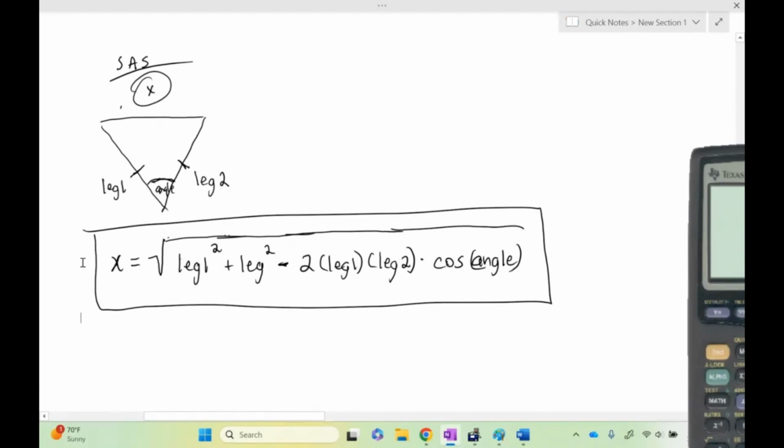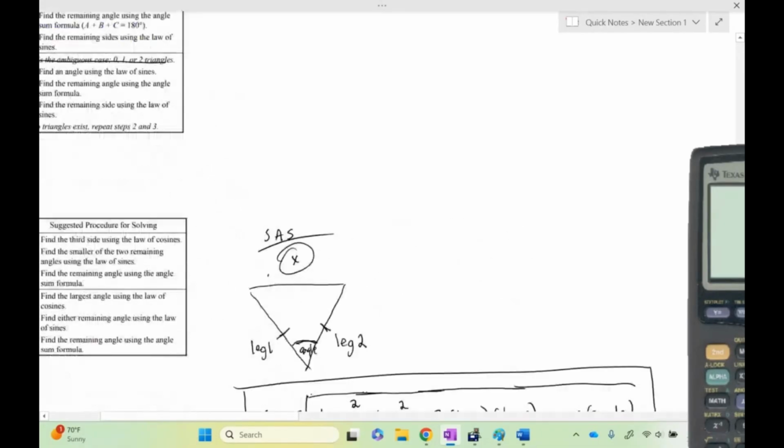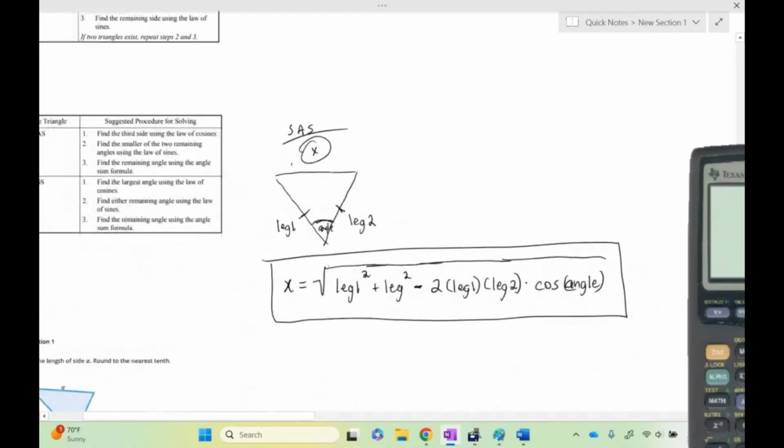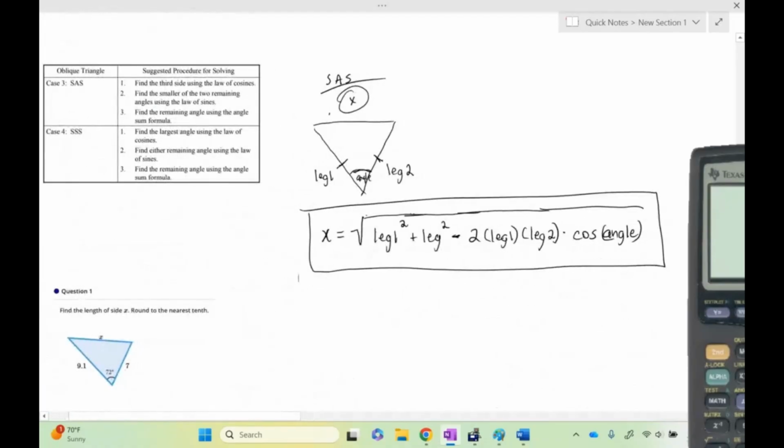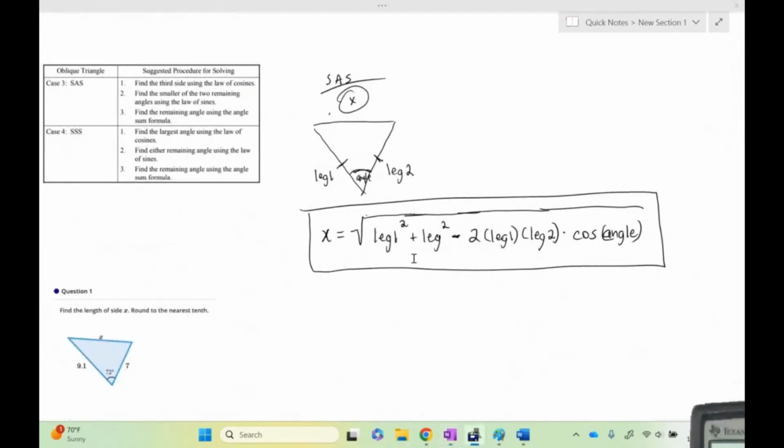So once again, when you're given a side angle side set of measurements, you find the third side using the law of cosines. It's the square root of one of the legs squared plus the other leg squared minus 2 times both of the legs times the cosine of that given angle.